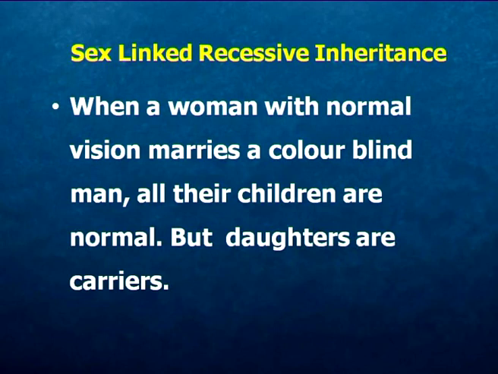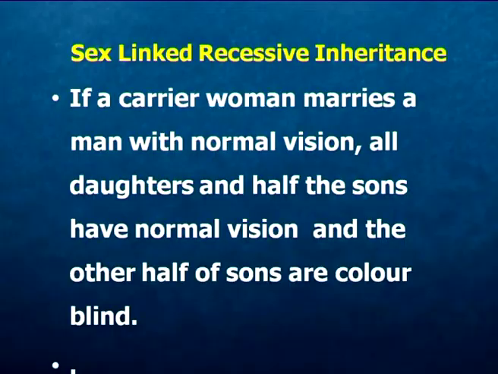When a woman with normal vision marries a colorblind man, all their children are normal, but daughters are carriers. As long as a woman has no allele, as long as she is not a carrier, as long as she is a 100% normal person, as far as her vision is concerned, whatever the phenotype of the husband may be, no child of this couple becomes colorblind.